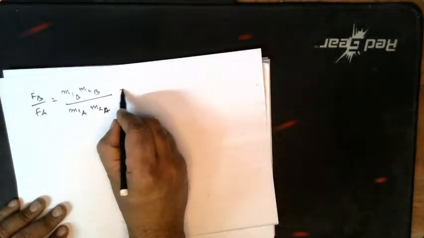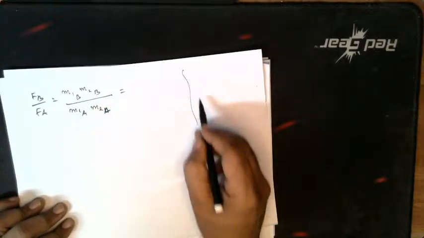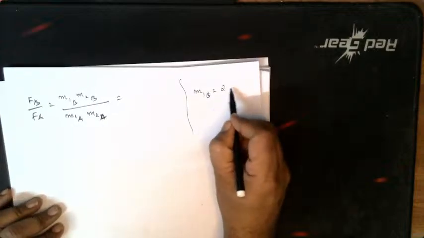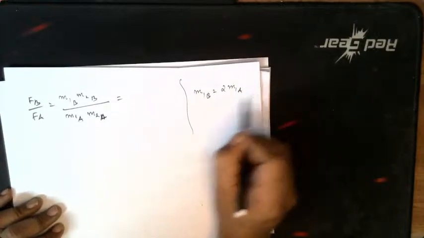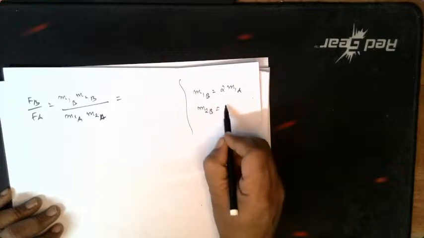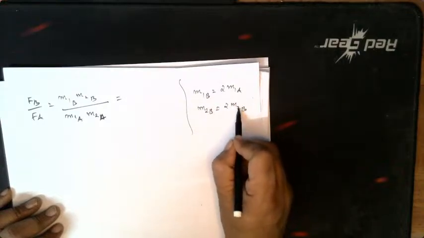Now that is equal to, what is M1B? That is doubled, as in the previous case. That is 2M1A. Is it clear? And what about M2B? That is also doubled, 2M2A.